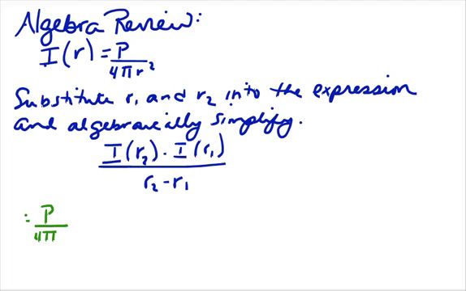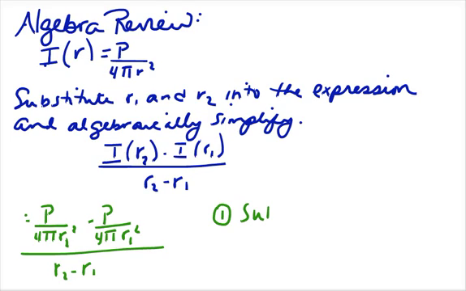For I, you get, and keep your subscript straight, R2 squared minus, substitute in R1 into the equation, divided by R2 minus R1. Alright, so the first key concept here is substitution. Everyone should know how to substitute into a function.